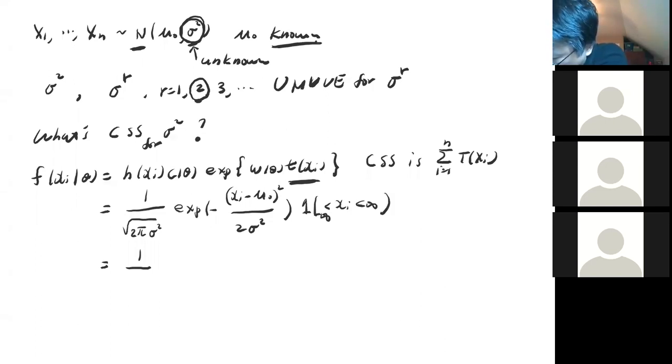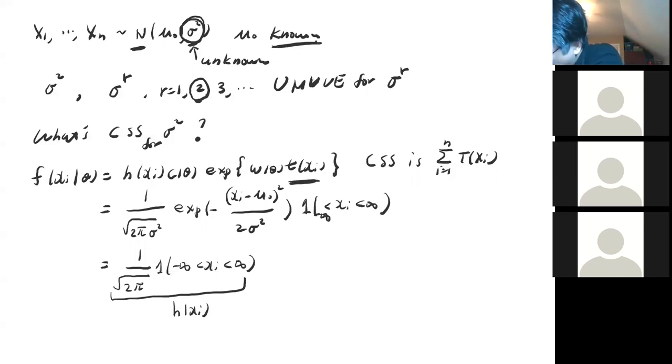So that means you could have this guy. I can have 1 over the square root of 2 pi right here. This guy could become my h(xi).